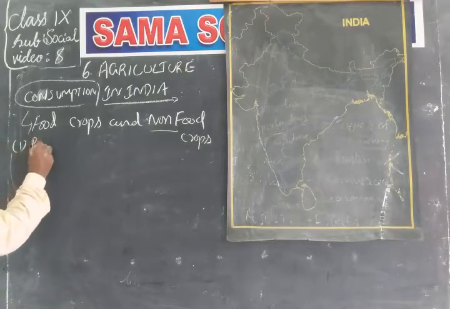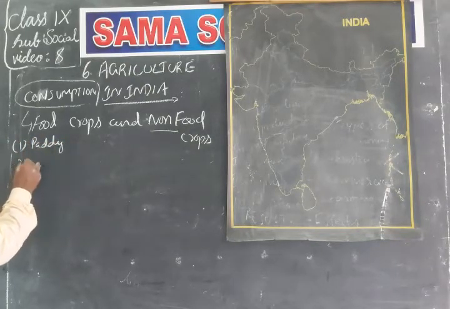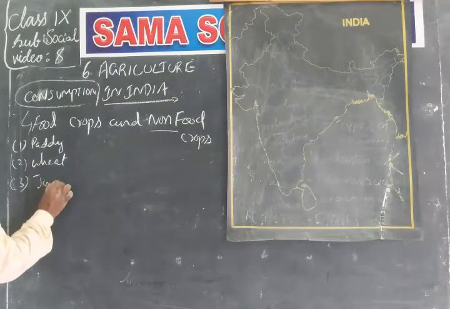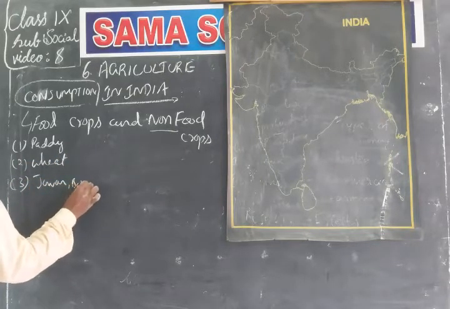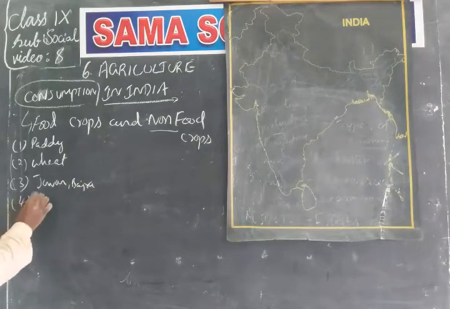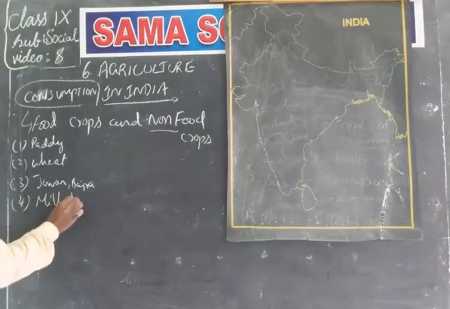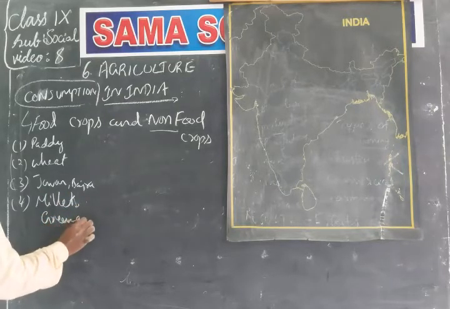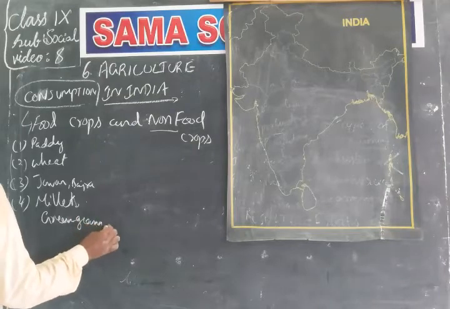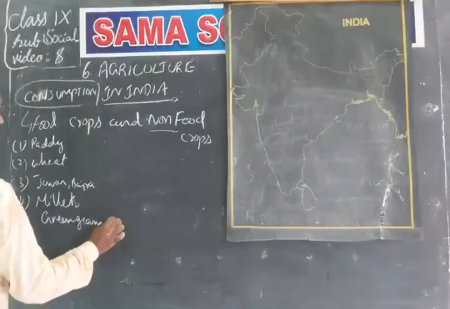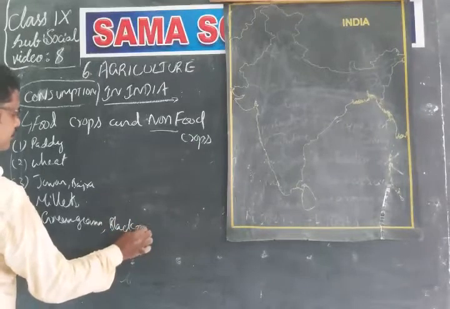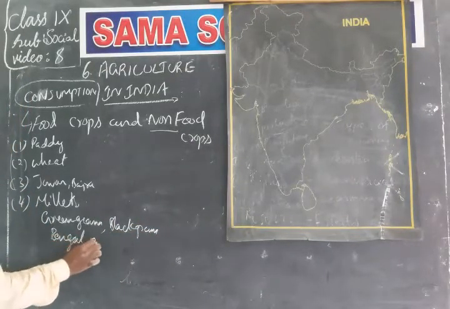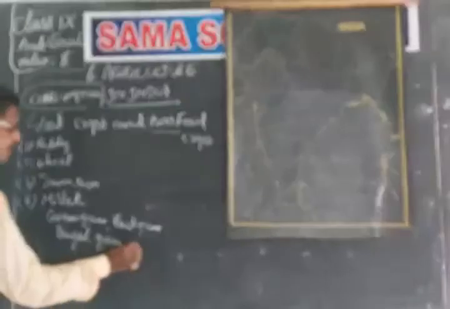Simply we write paddy, wheat, jowar, bajra and other millets, and green gram and all types of grams: green gram, black gram, Bengal gram and red gram.